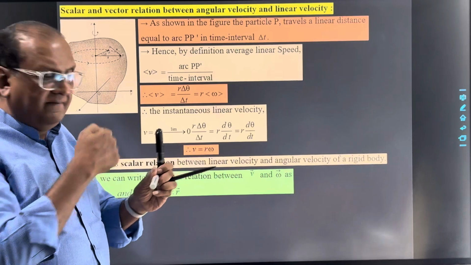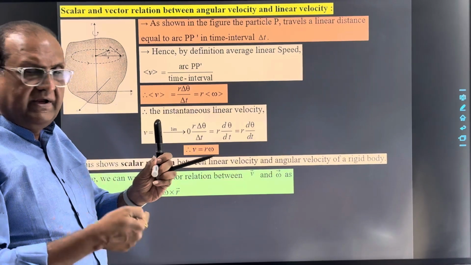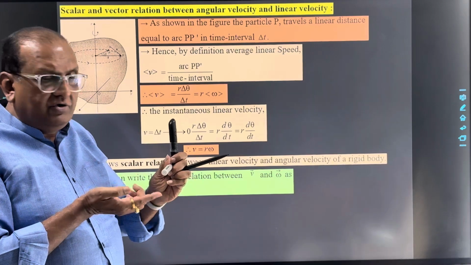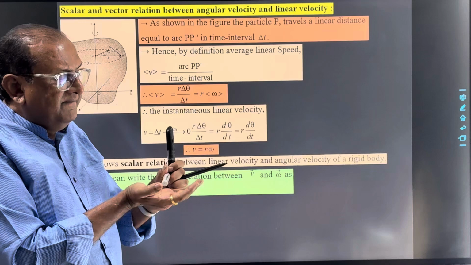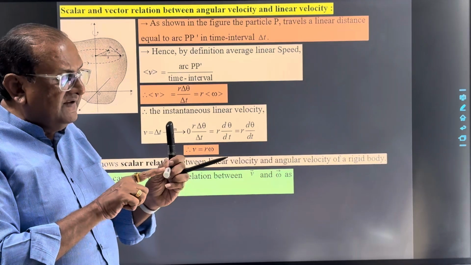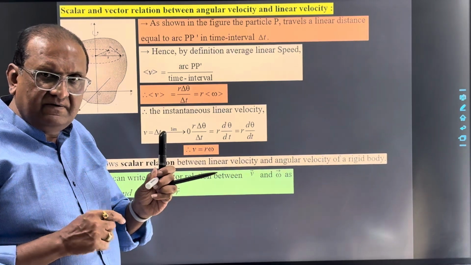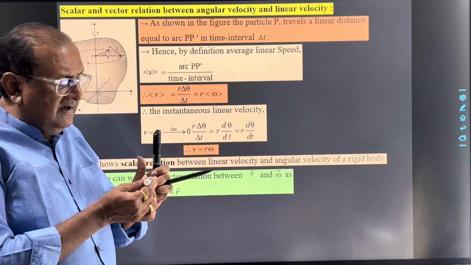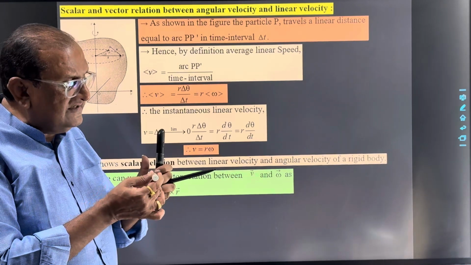So rotate this one like this. If you want to rotate this one in anti-clockwise direction, then encircle your fingers like this, and the thumb shows this. This will traverse in outward direction.